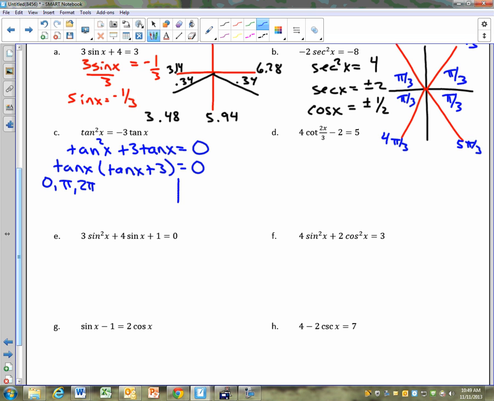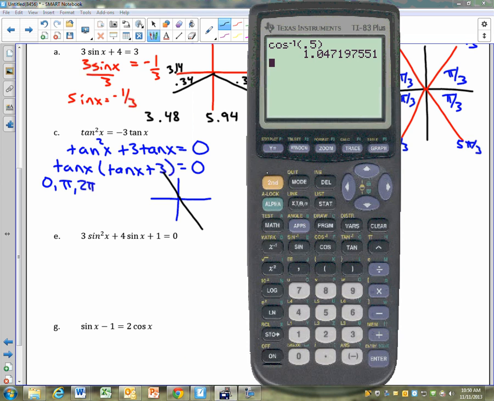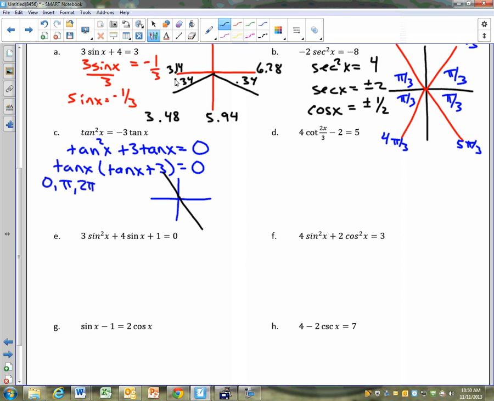Where is tangent negative? Second and fourth. So now we go on our calculator, tangent inverse of 3, and you get 1.25. We're almost done.